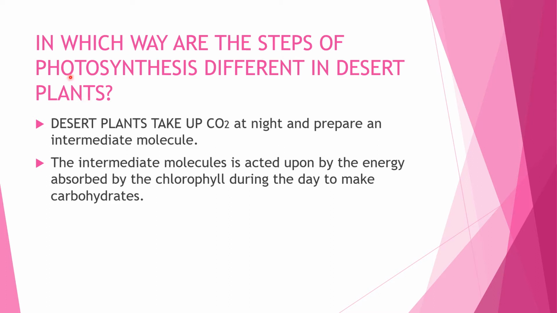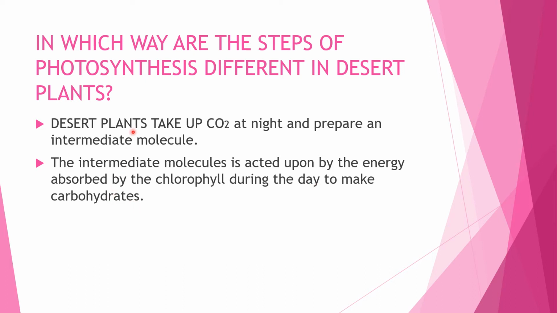So in desert plants, CO2 is taken up at night, because the stomata stay open at night, and they prepare an intermediate molecule, that is ATP, NADPH and carbohydrates, and the intermediate molecule is acted upon by energy absorbed by the chlorophyll during the day to make the carbohydrate.